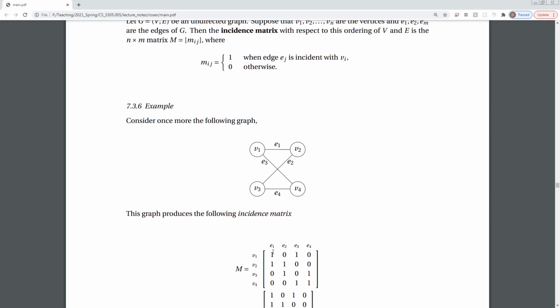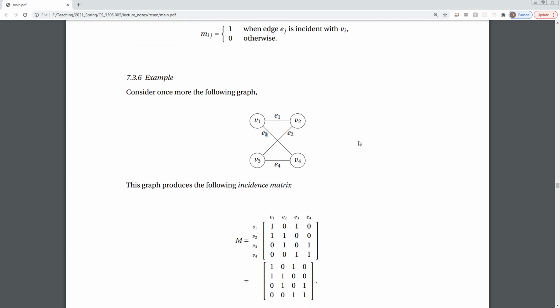So each edge, each column, is going to have exactly two 1s, because every edge is going to connect two vertices. So there's always going to be two non-zero values per column, and that'll describe which vertices are incident with that given edge. Okay, so that's an incidence matrix.